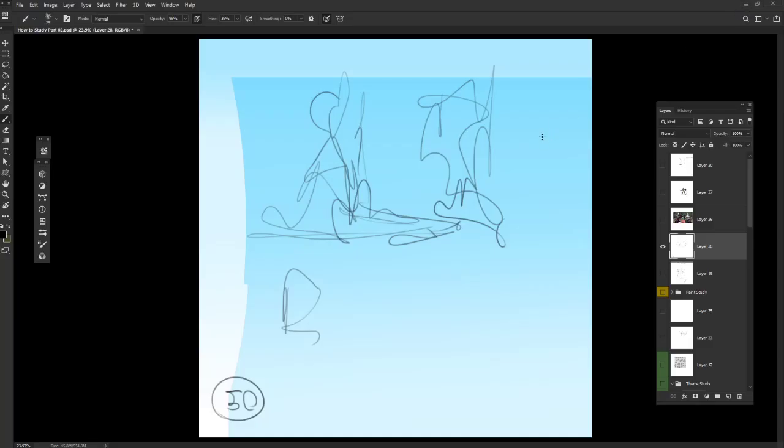So use everything. It doesn't matter if it's 2D, it doesn't matter if it's 3D, it doesn't matter if it's real life paintings. It doesn't matter if it's real life reference. Use everything because you want to study. Your intent is to study. Your intent is not to show things off.